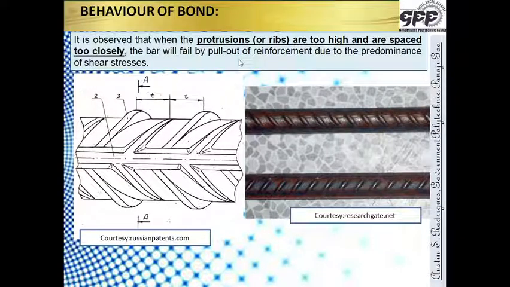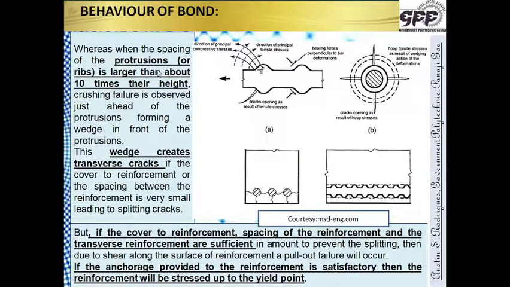Because there will be too much shear stress, the bar will get pulled out when these are too high and spaced too closely.